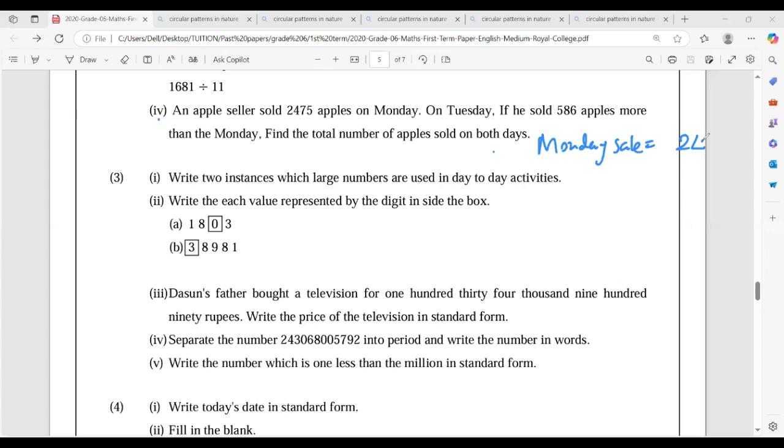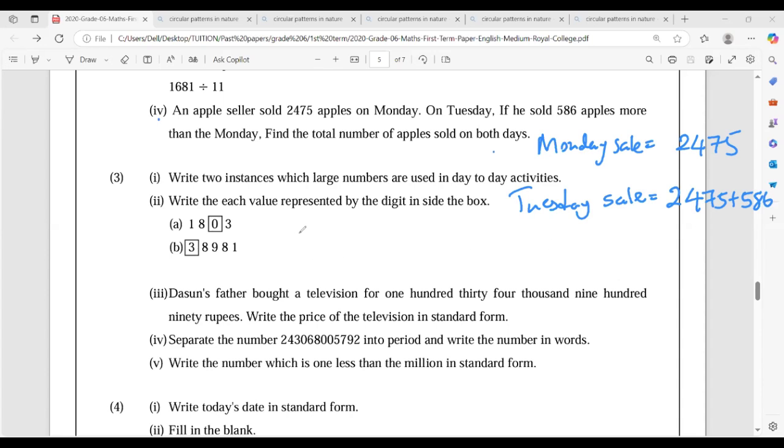Equals 2,475. And what about Tuesday? Tuesday sale is 586 apples more than Monday. And this is going to be 2,475 plus 586, because this is 586 more than Monday.